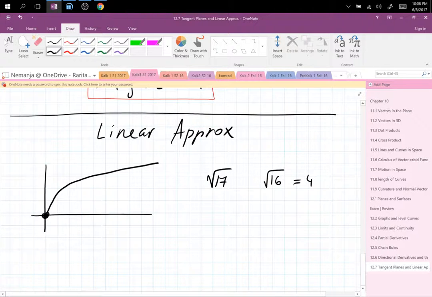And then what you can do is you can actually linearize here and then compute that 17 in a tangent line rather than the square root.